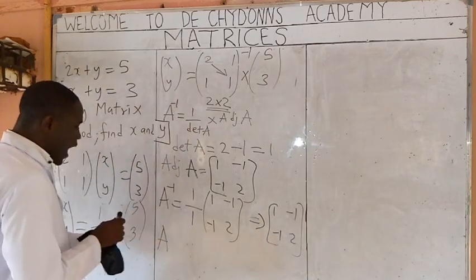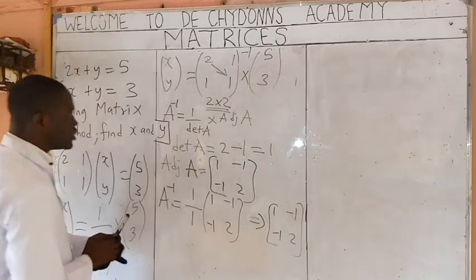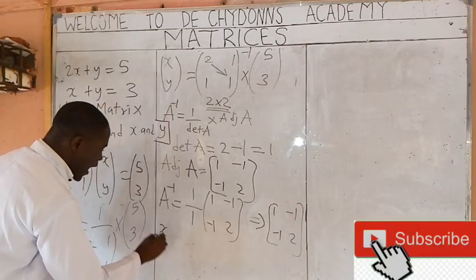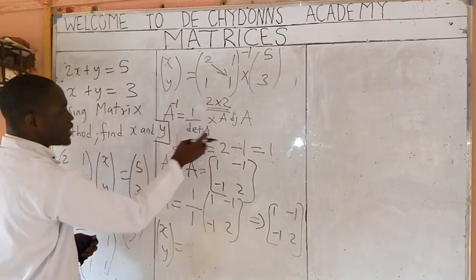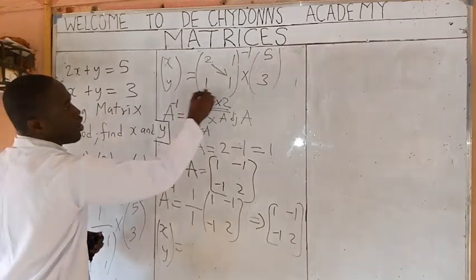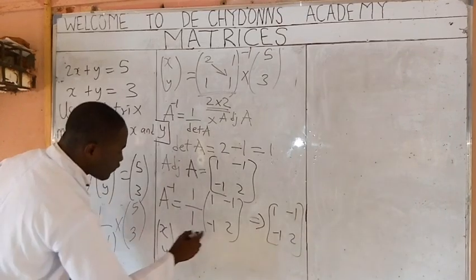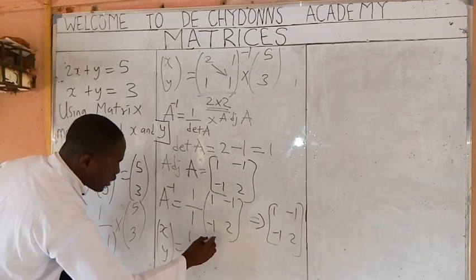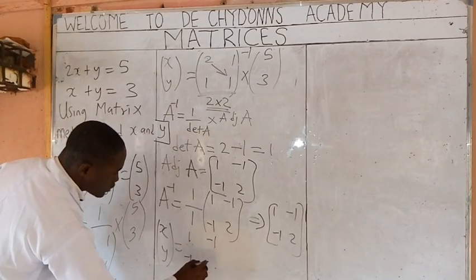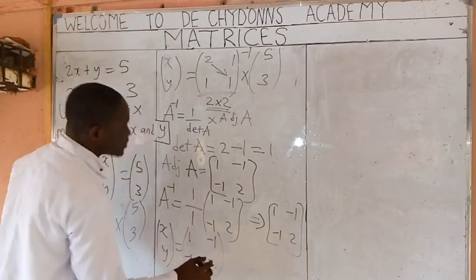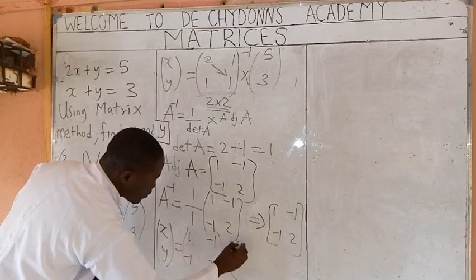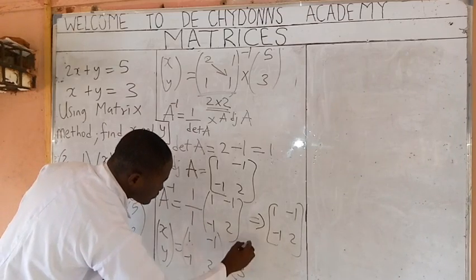Then what you now do is conclude. You say x, y equals to, what is the inverse of this matrix? The inverse of it is 1, minus 1, minus 1, 2. Then times this, 5 and 3.